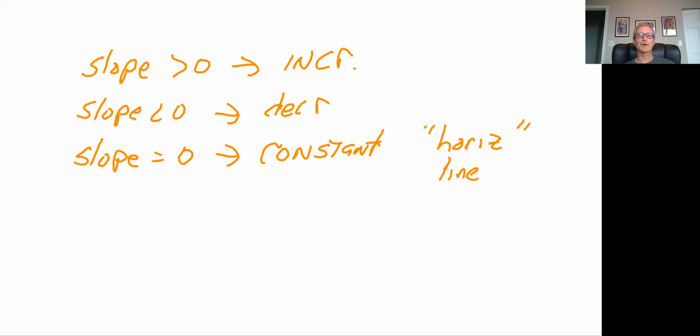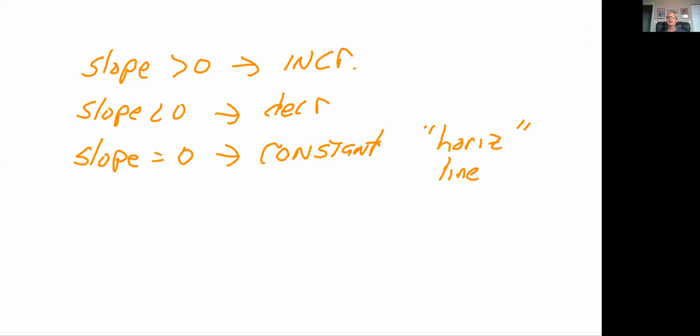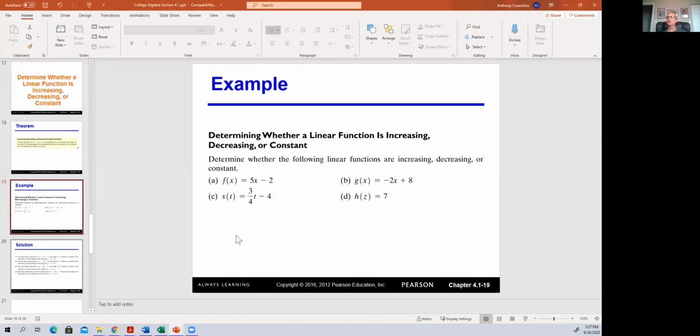So just a couple quick examples, and then we get to the real fun stuff. Let's take a look at these 4 equations. Equation A has a slope of positive 5, so that would be increasing. B has a slope of minus 2, and so that would be decreasing.